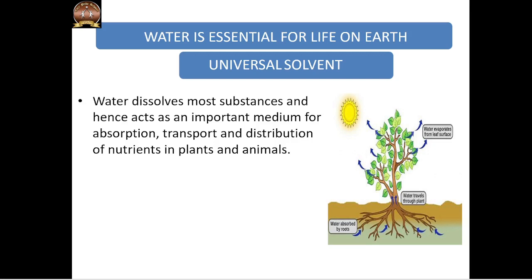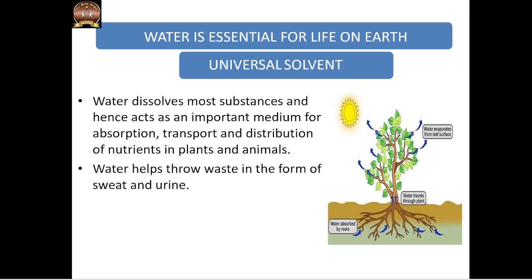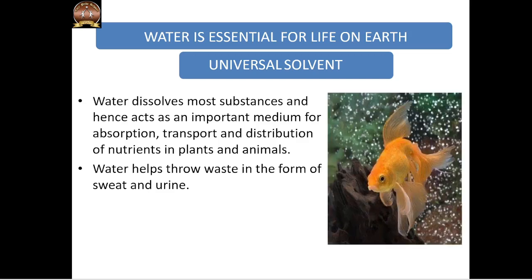So water dissolves more substances, and it acts as an important medium for absorption, transportation, and distribution of nutrients, not only in plants but also in animals. We have learned that our bodies are mostly made up of water. Water helps to throw out waste in the form of sweat and urine in animals.